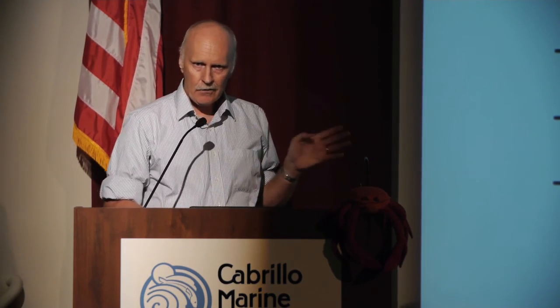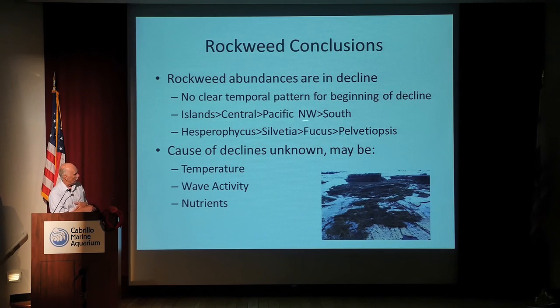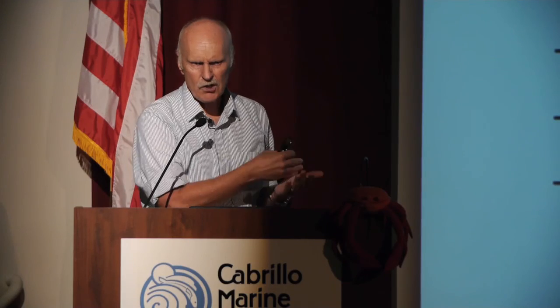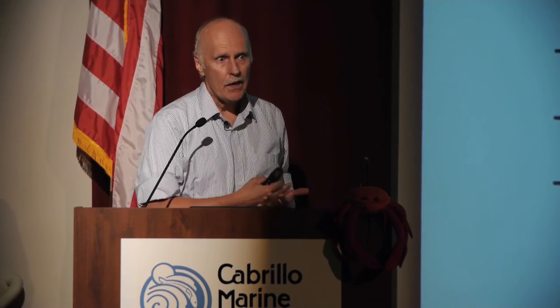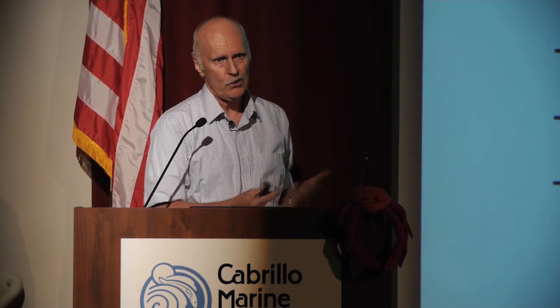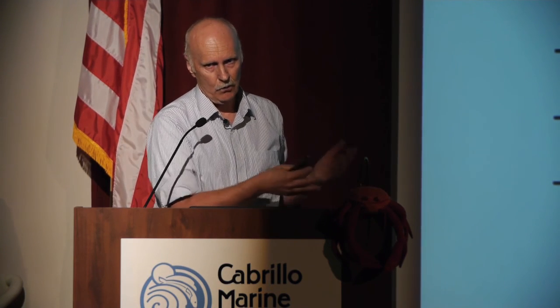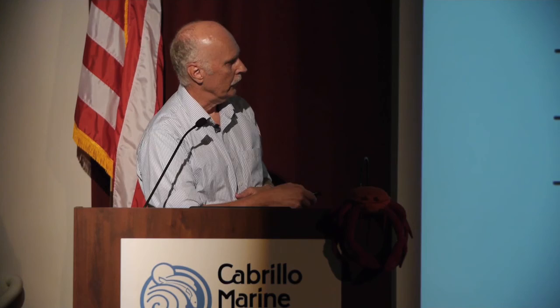No clear temporal pattern for when it happened. Variations in terms of where the islands and the central California are the hardest hit. The Pacific Northwest and Southern California not so hardest hit. I didn't talk about the different species, but there's a bunch of different species that make up rockweed, and they also have different patterns in terms of which ones are the hardest hit and which ones are not so hard hit.